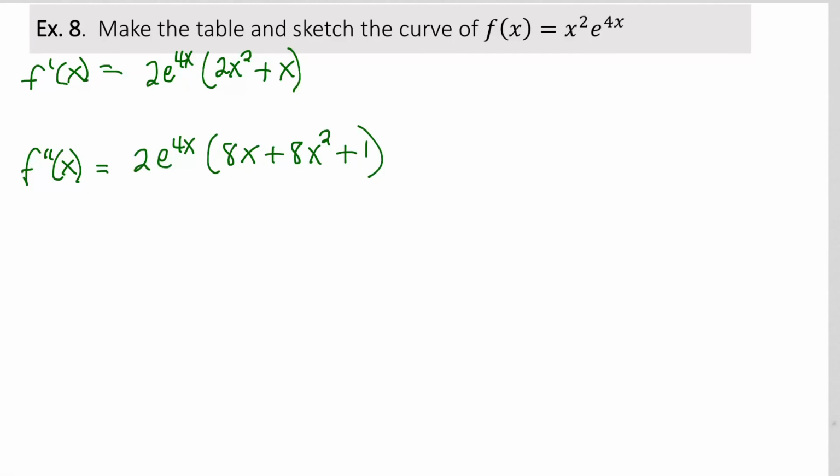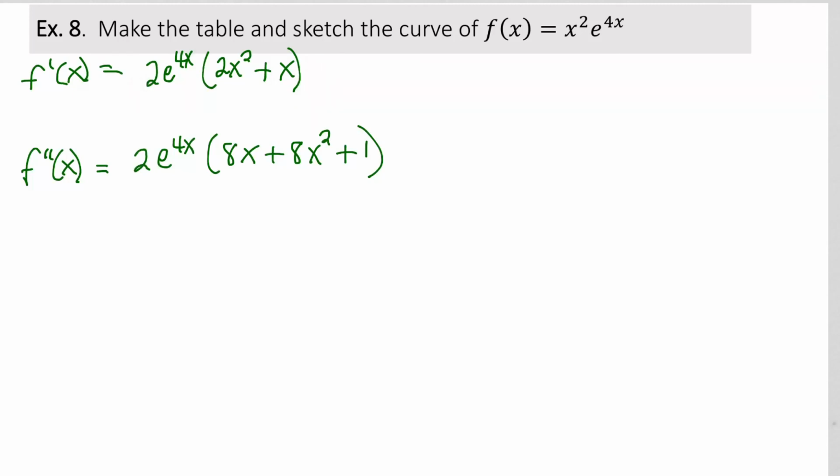Okay, so I found the first and the second derivative of our function here, which has an e to the x, and I simplified those. Now, if I set this first derivative equal to 0, I can see that this part will never go to 0, but this part will.